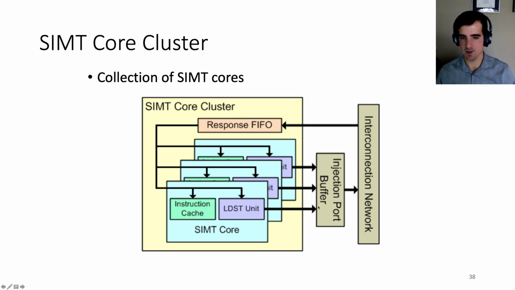And there's configuration parameters that you can set to basically say what the level of this concentration is. So the way this works is that this injection port will arbitrate between the SIMT cores. In this case, I'm showing 3 different SIMT cores that are connected to the interconnection port. And then when results come back across the interconnect, they will go into a FIFO that will then get distributed to its respective SIMT core.